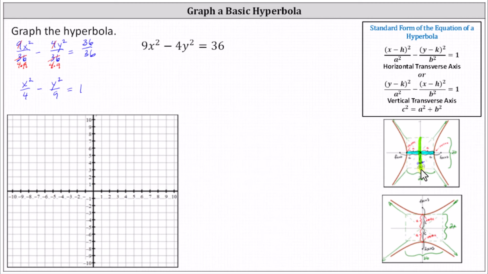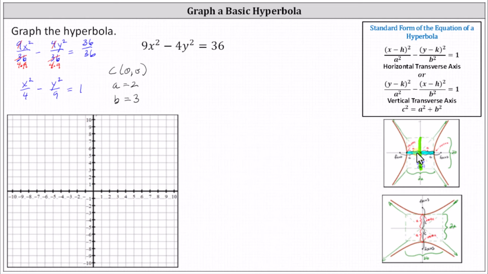So looking at the given equation, again, we know the center C is the point 0, 0. a squared is equal to 4, which indicates a equals 2. b squared equals 9, which indicates b equals 3. Now the way we're going to graph the hyperbola is we'll plot the center, determine the endpoints of the transverse and conjugate axes, and then we'll sketch the rectangle where the endpoints of the two axes are the midpoints of the four sides of the rectangle.